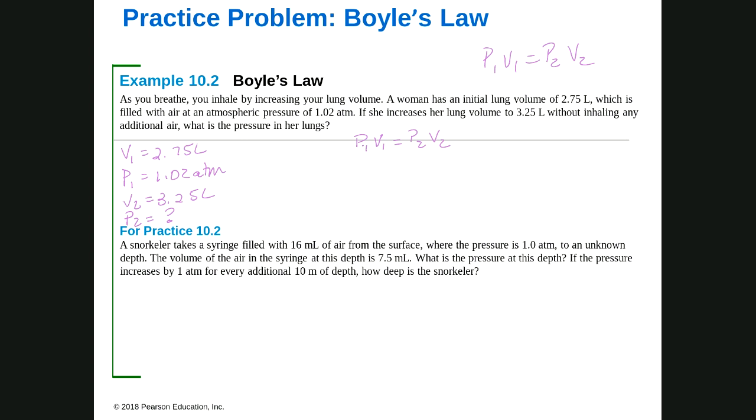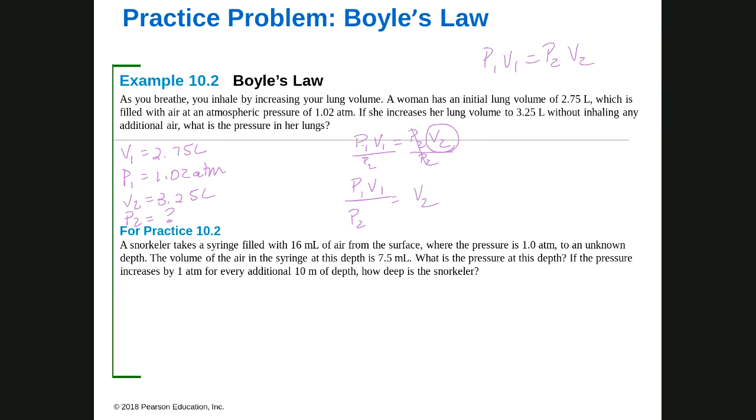If I'm solving for V2, I'm going to circle that, and to get rid of this, I divide both sides by P2, so I have P1 V1 over P2 equals V2.